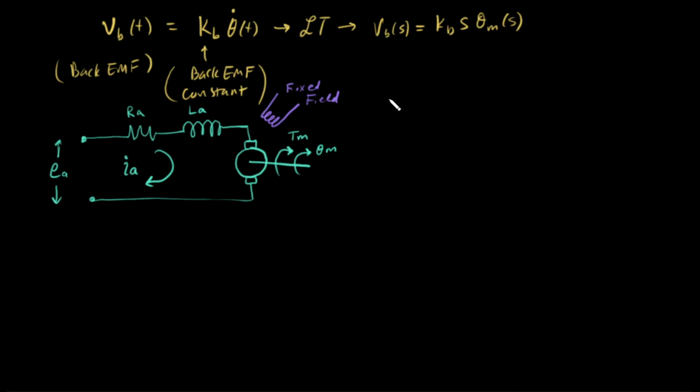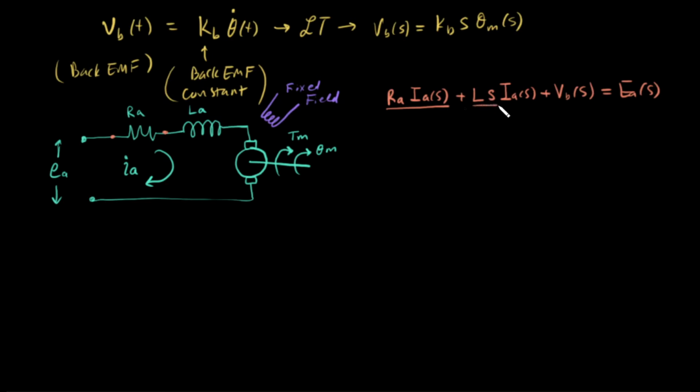If we do that, we get that the resistance in the motor times the current, which we'll call IA of S. That's the voltage drop from here to here, plus the inductance, and the equation is L di dt, so we just say LS IA of S, plus VB of S equals EA of S. And so this first term is the voltage drop from here to here.